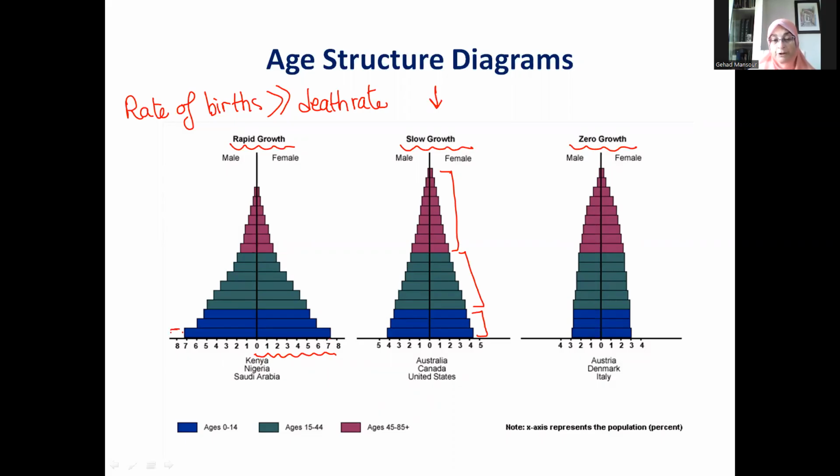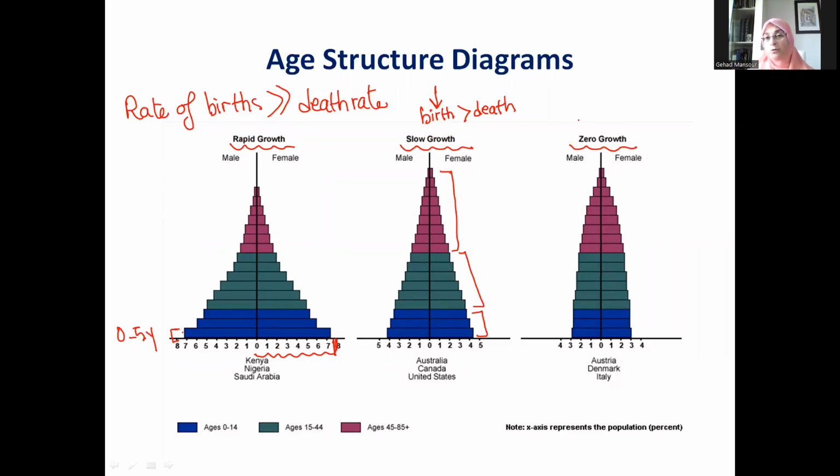So in the first age interval, for example, from 0 to 5 years old, we have like 7% of the population. In the slow growth, the birth rate will be higher than the death rate, but not as high as in the rapid growth age structure diagrams.